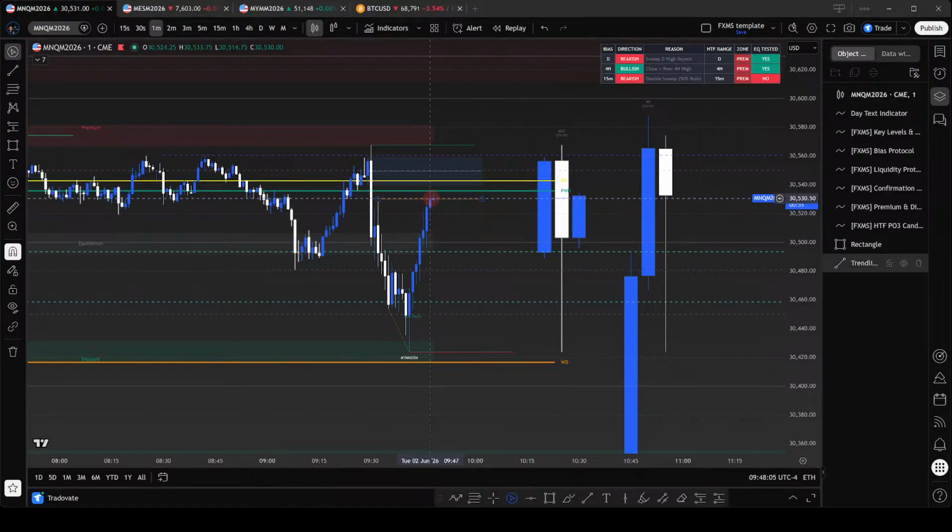Okay, so kind of a sweep there, but bullish close. Let's see if we get a bearish candle on this next push here.